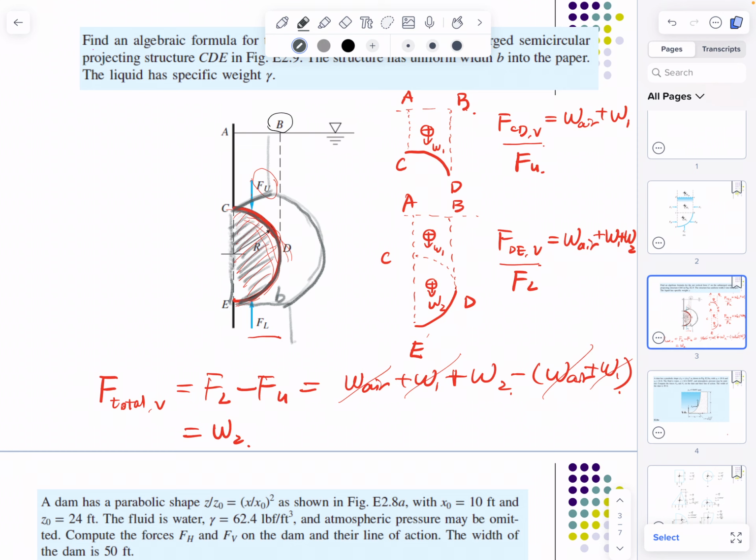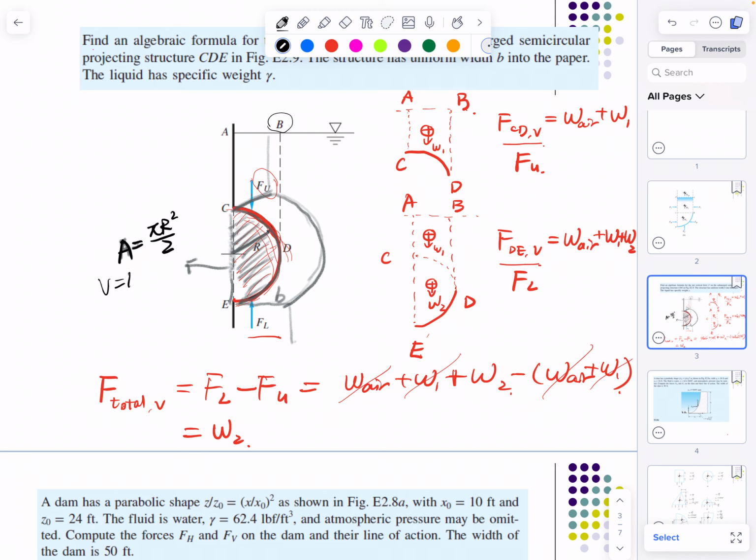So what's the area here? We know here the radius is R, so the area is pi r squared over 2, because this is half of a circle, it's not a full circle.